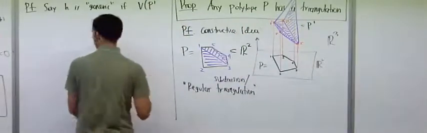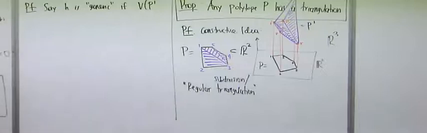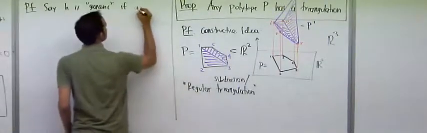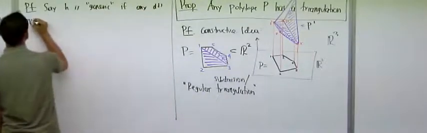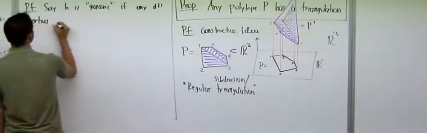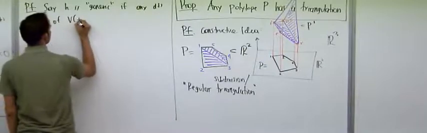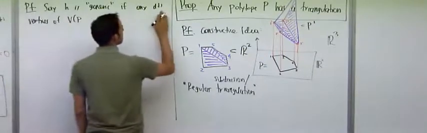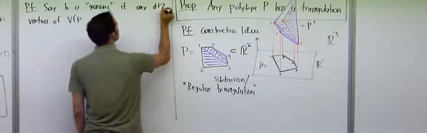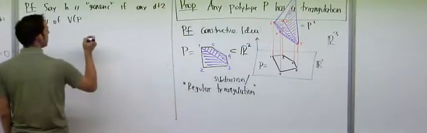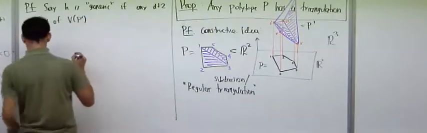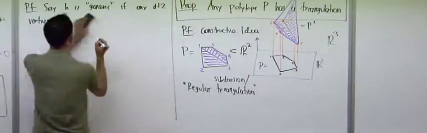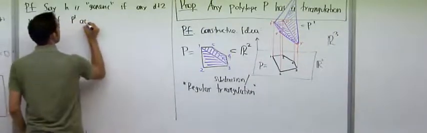So, in other words, if any d plus 1 vertices, any d plus 2 vertices of P prime are affinely independent.